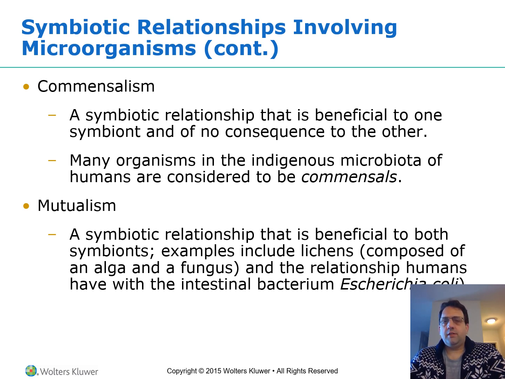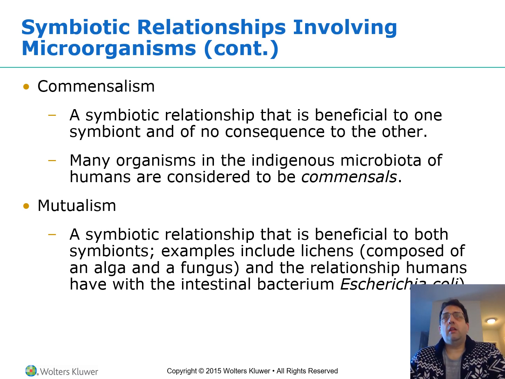Mutualism, on the other hand, means that both parties benefit from this relationship. The algae and the fungus that live in a lichen help each other because the algae produces nutrients that the fungus needs, and the fungus provides nutrients for the algae to do their thing and also a protective place to stay.